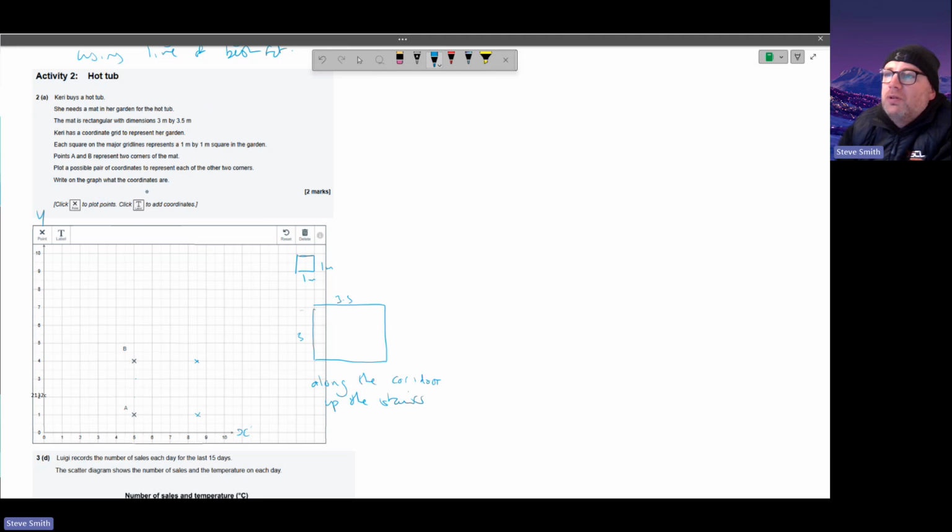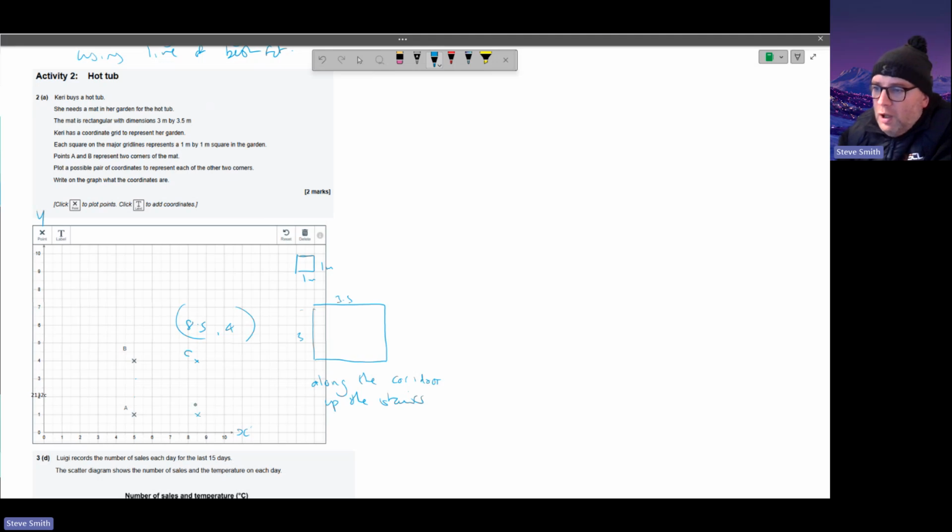Right, so write on the graph what the coordinates are. So we've got C, we'll say C here is along the corridor, so it's 8.5, and it's 4 up, so that is 8.5 and 4 for that one.